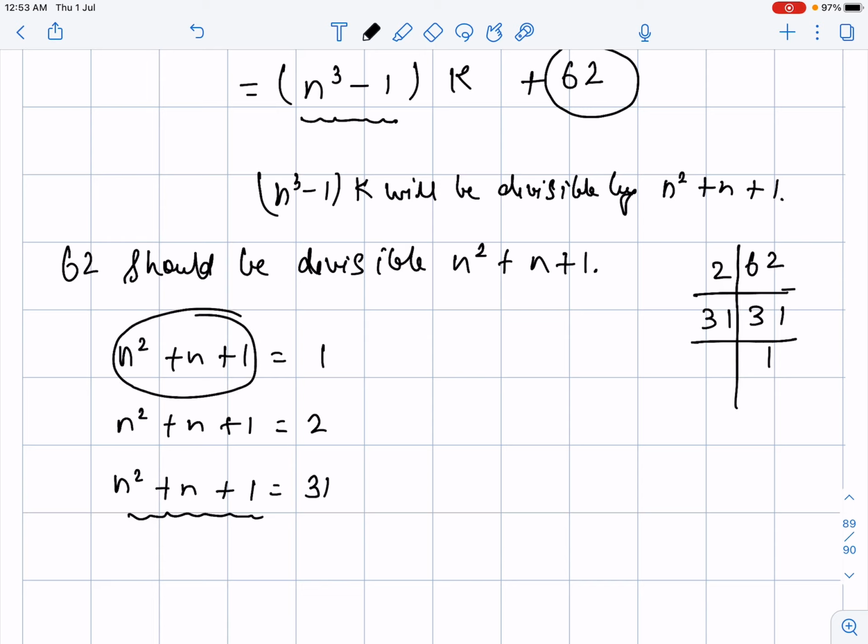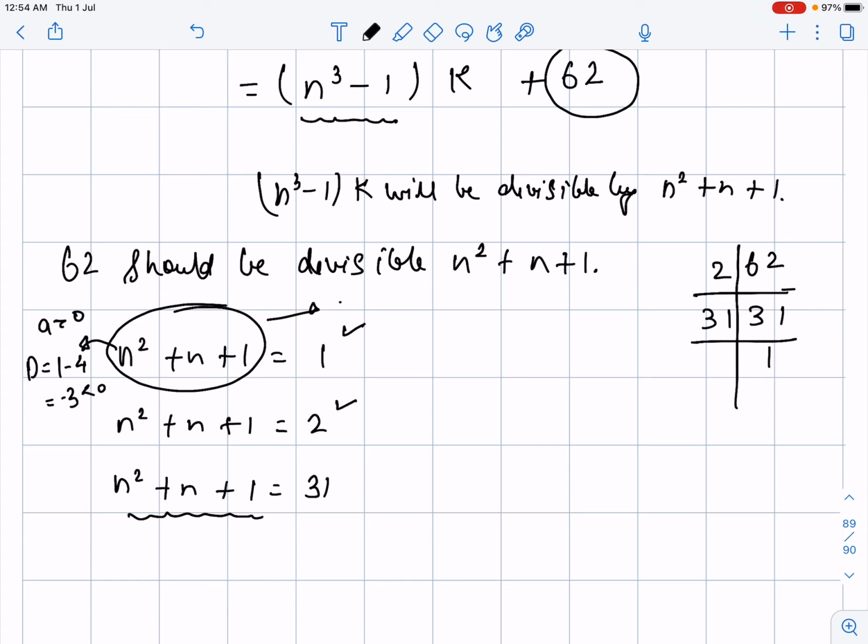Guys, it's a quadratic whose value will always be greater than 0, because the leading coefficient of this quadratic is greater than 0, and the discriminant of this quadratic, that is b square minus 4ac, that is minus 3, is less than 0. That means it's always greater than 0. So that's why I am equating it only with the positive factors of 62. Or n square plus n plus 1 should be equal to 62 over here.